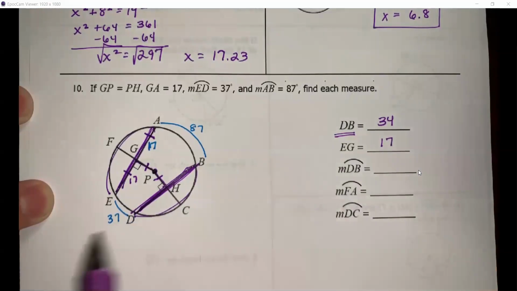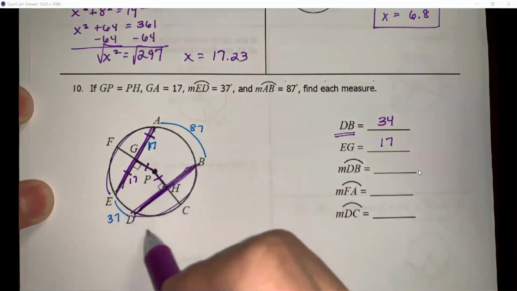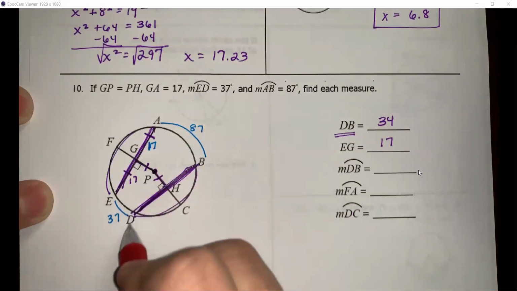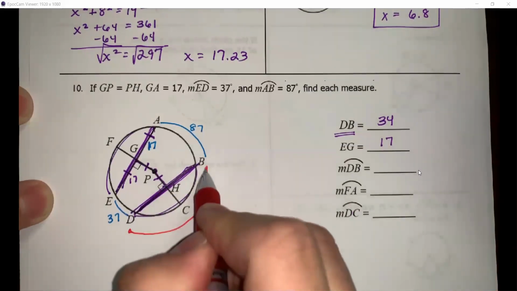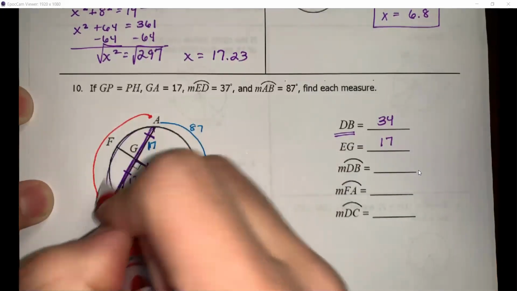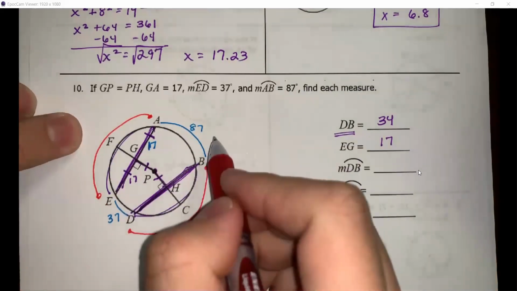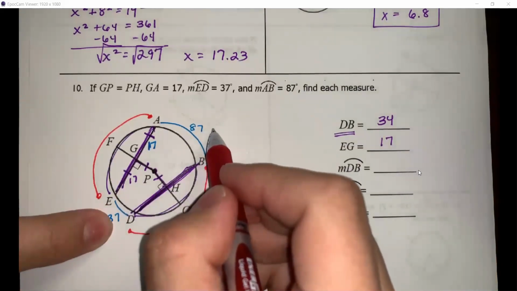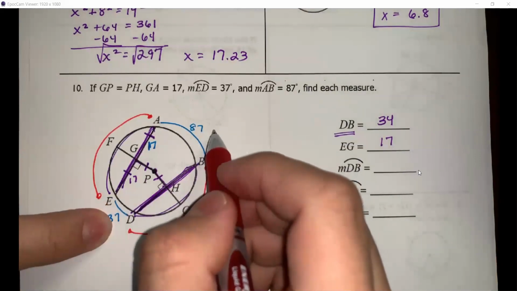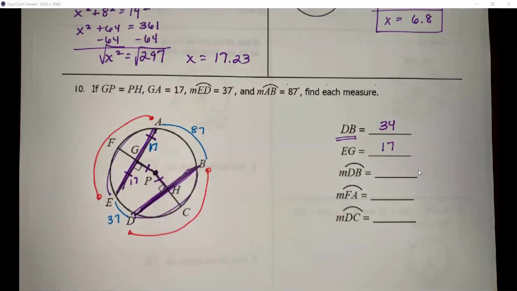And then they want you to know, what is the measure of arc DB? So this arc, let me use a different color. So this arc right there, I know that this arc is the same as this arc over here. Now, we don't have any information about those 2 arcs specifically, but I do have the measure of the other arcs, and I know that the whole circle is equal to 360.